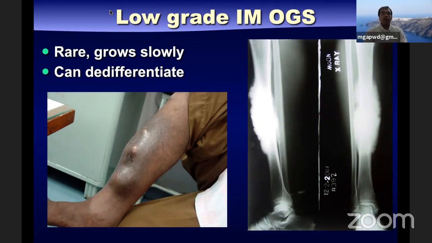Or if somebody does an inadvertent surgery, for example, this particular patient had a surgery where somebody thought it's a myositis mass and tried to remove it, and then it came back. So with a recurrence, a low-grade osteosarcoma can de-differentiate. And once de-differentiated, these are some of the worst tumors one can get to see because they don't respond much to any kind of chemotherapy or treatment. And very often they will lead to a metastatic disease and death.